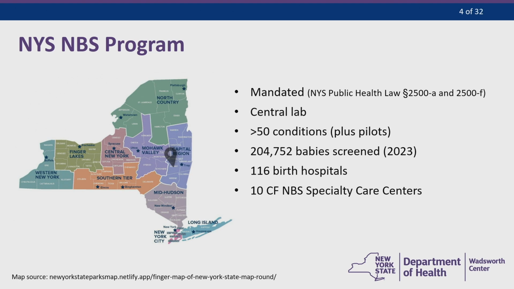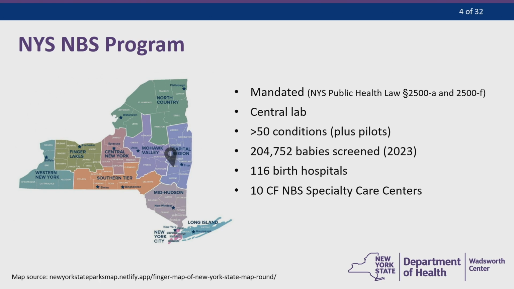So a quick background about New York State. Screening is mandated by state public health law in New York. All babies born in our state are screened. We have a religious exemption. We have a single central lab in Albany, which is where I work.